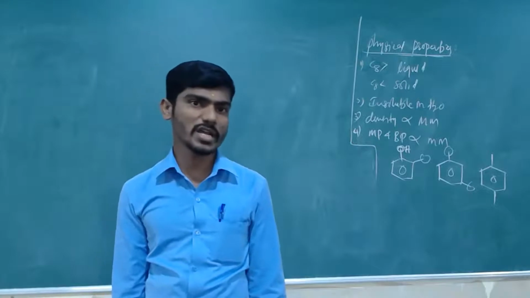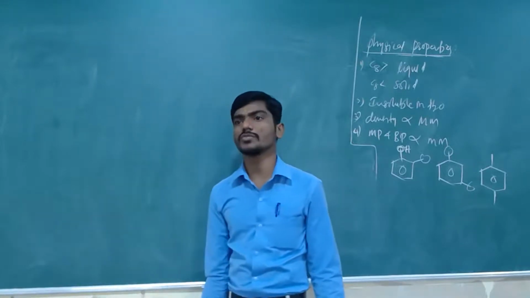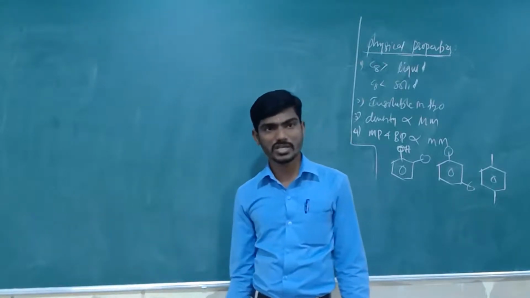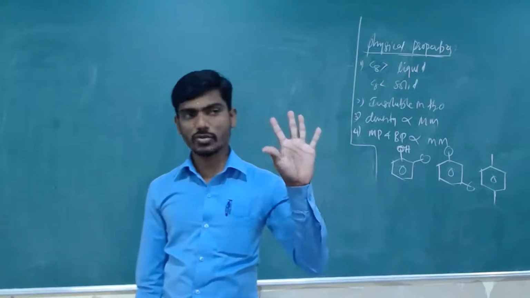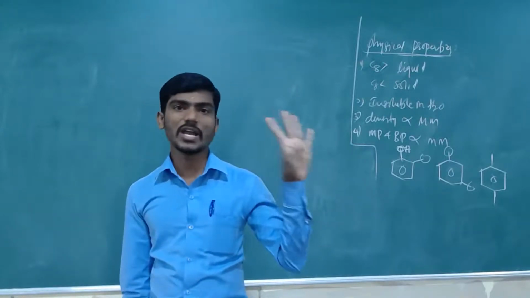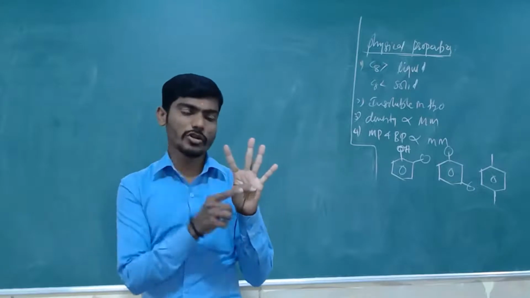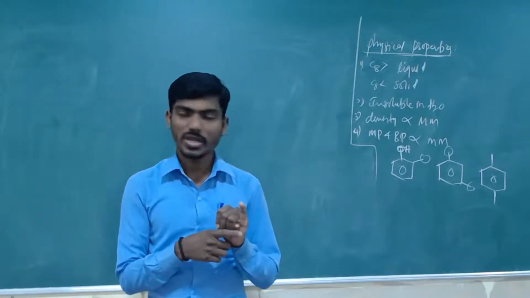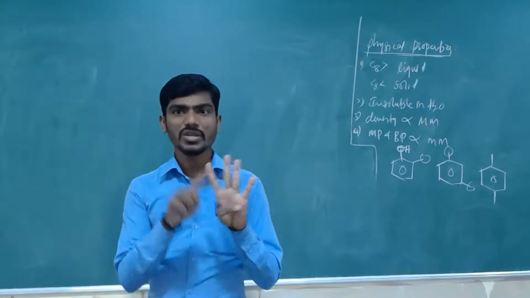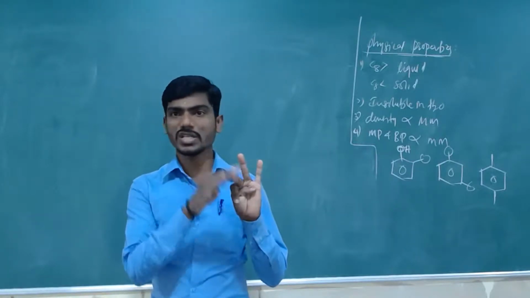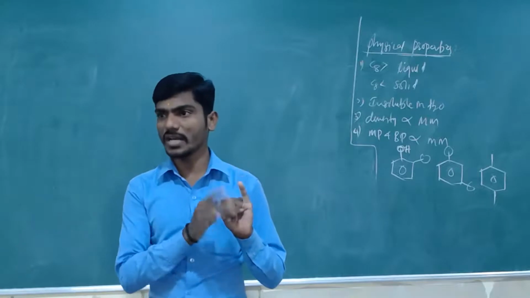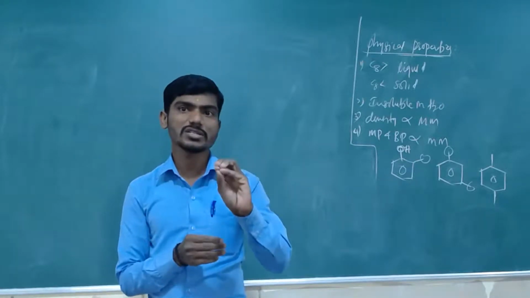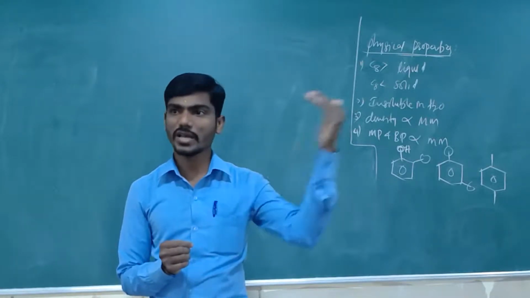Electrophilic substitution reaction, ESR: five reactions. One is halogenation. In halogenation, there is fluorination, chlorination, bromination, and iodination, with a reactivity order. After halogenation come nitration, sulfonation, Friedel-Crafts alkylation, and acylation. These five reactions are repeated again and again in higher classes.